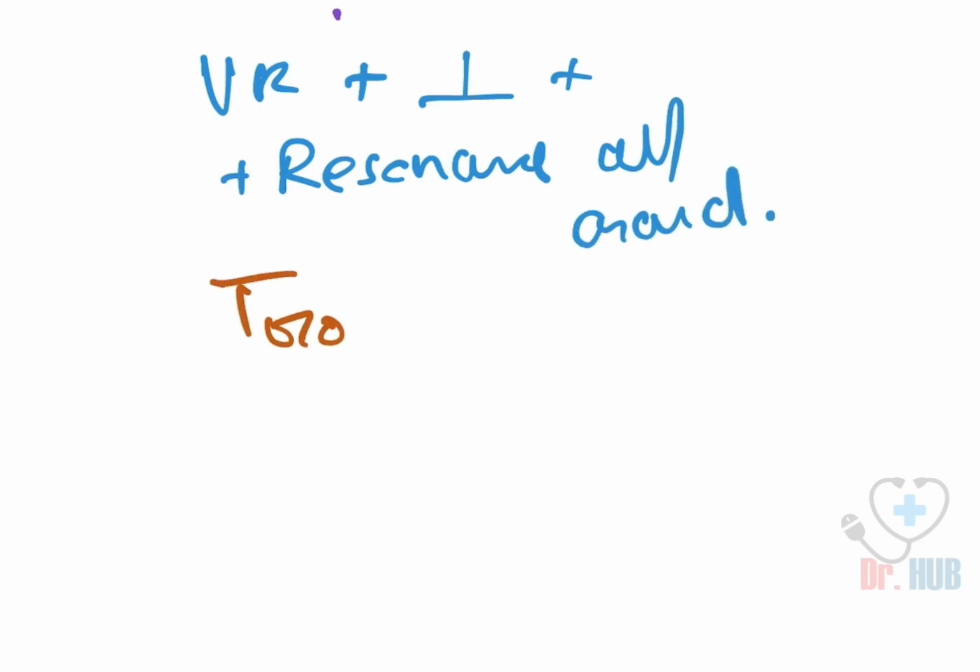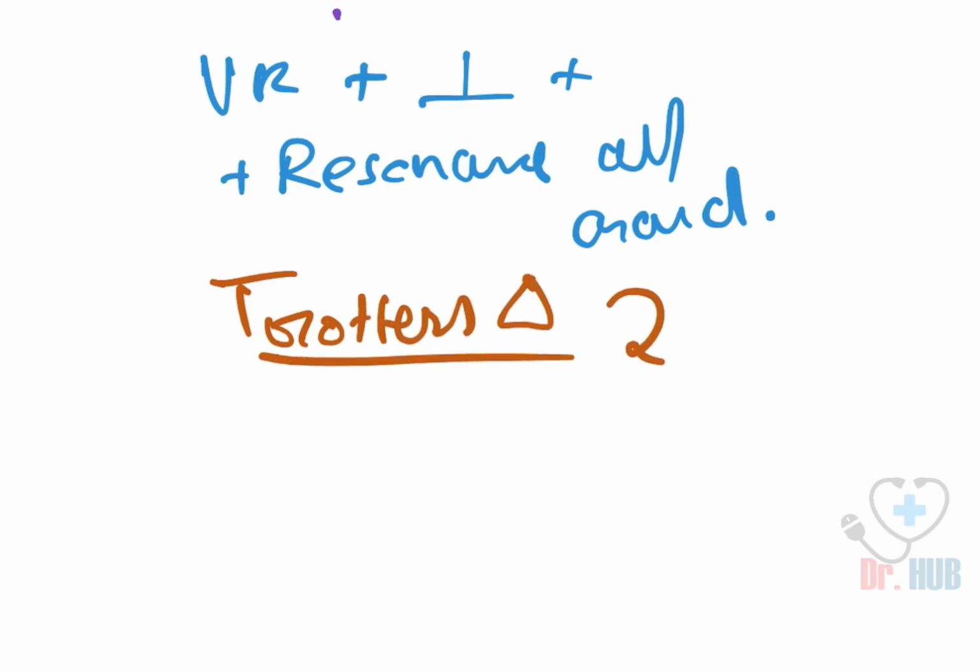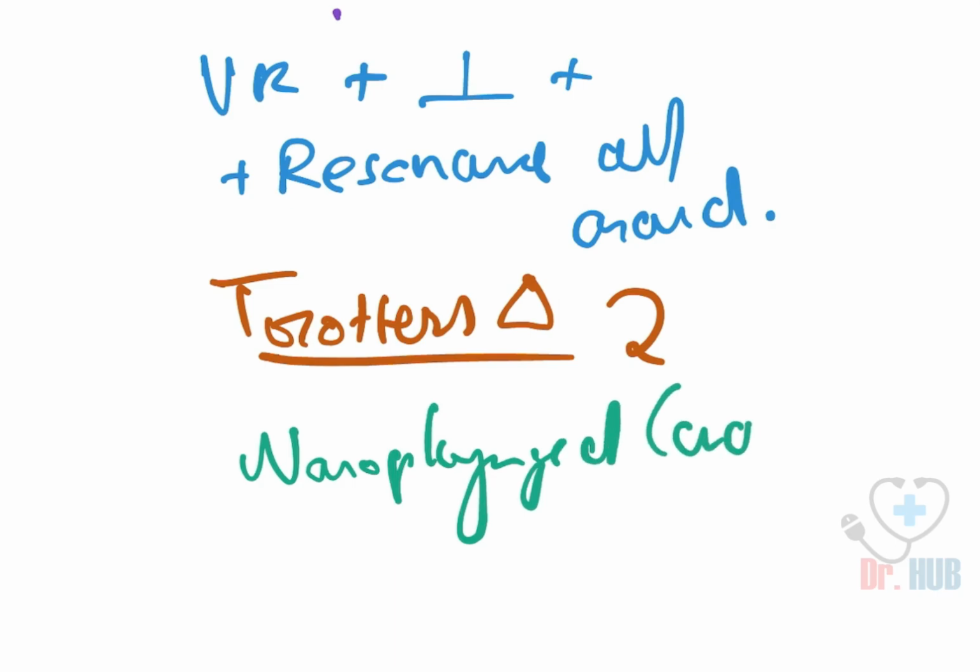And next we move on to the Trotter Triad. So what is Trotter Triad? It is nothing but nasopharyngeal carcinoma. And what are the components?